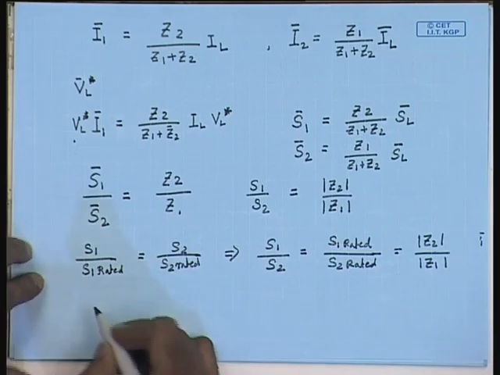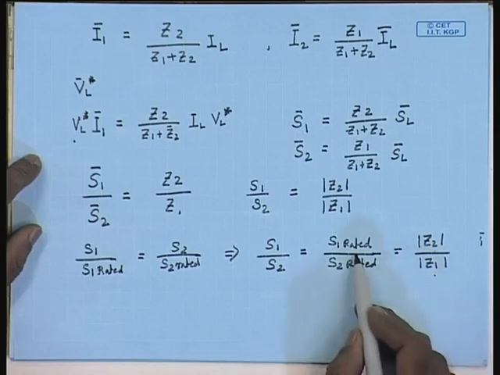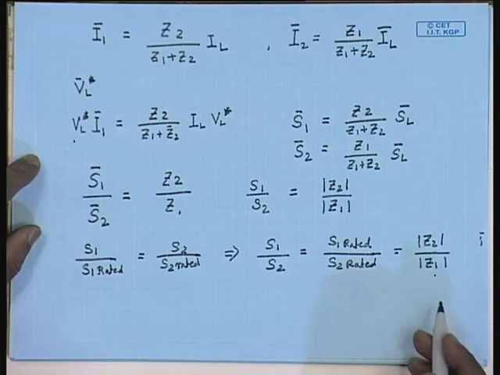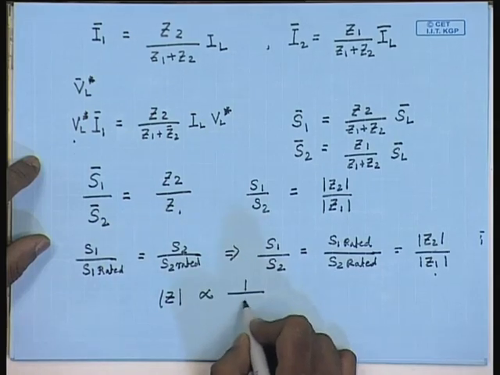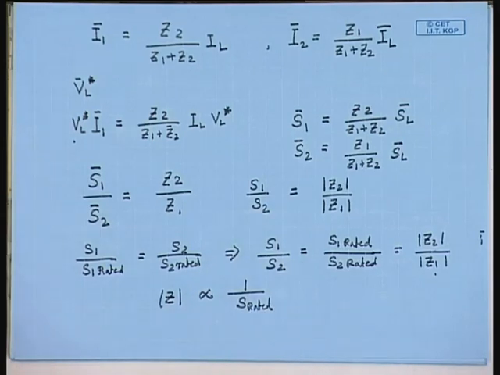Hence, for sharing the load in proportion to their kVA, the magnitude of the series impedance of the transformers should be inversely proportional to their kVA rating, that is mod Z should be inversely proportional to S rated. So, that is another desirable condition for connecting transformers in parallel.